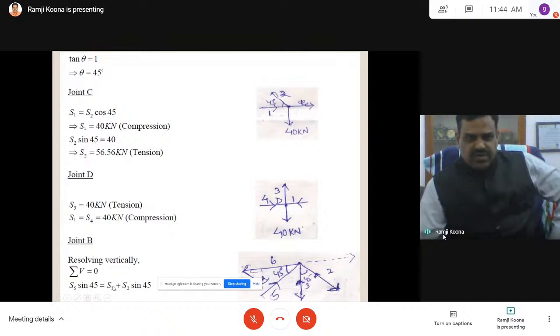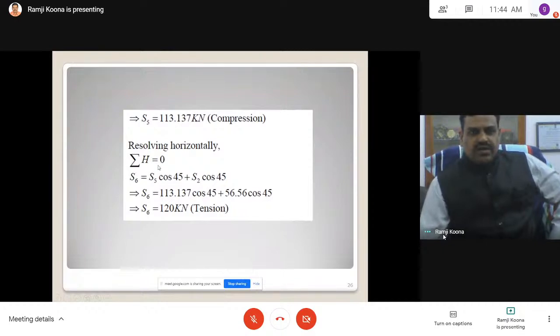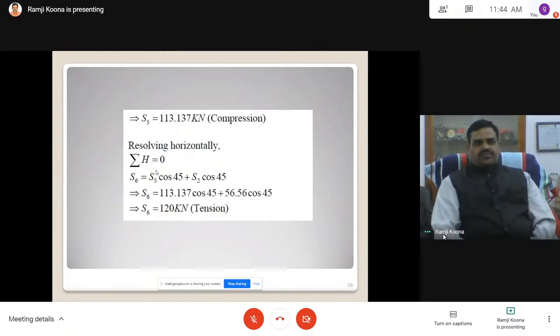Then from this, what is the unknown? The unknown is S5, you will get it. Then you will get S6 by resolving the forces. This is how we apply the method of joints. Joint by joint, you resolve the forces.